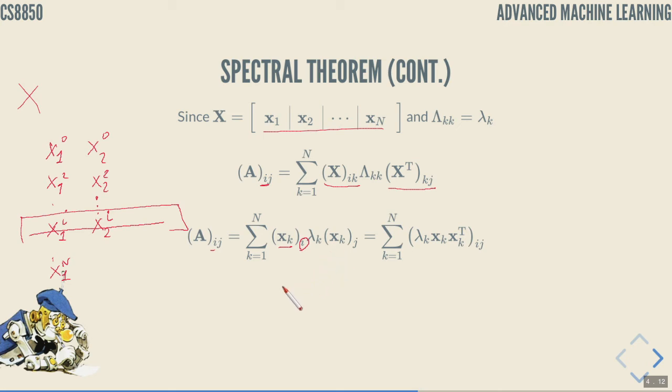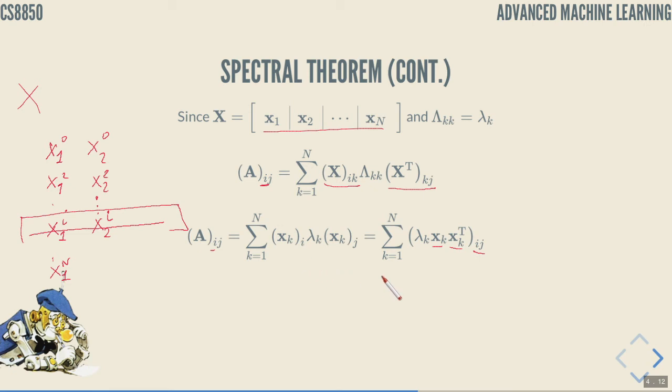But that is the same as taking the outer product of the xk vectors, then taking the ijth element of this and summing all of them. So go through that slowly when you get a chance and do the algebra.